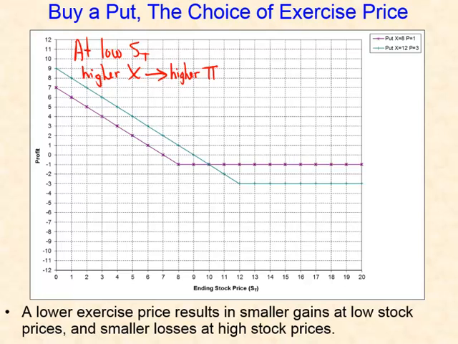Then we'll come over to the right-hand side of the chart. At high stock prices, the higher exercise priced put has a larger loss. We paid more for the put, it expired out of the money, we lost the premium.